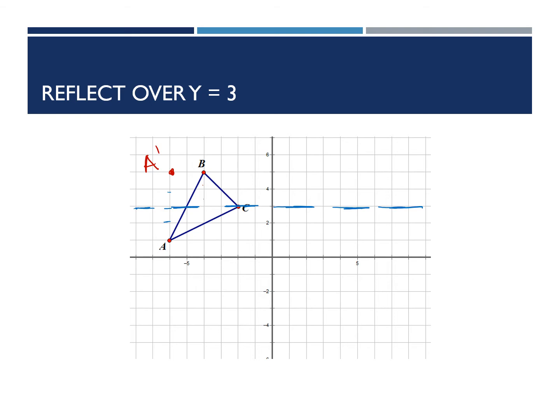B is 2 units above, so I go 2 units below for B prime. And C is right on that line of reflection, so I don't have to change it. I connect my dots, and there's my triangle.